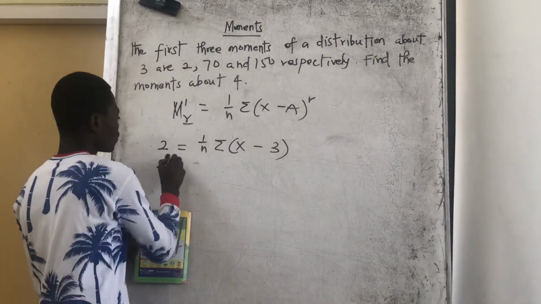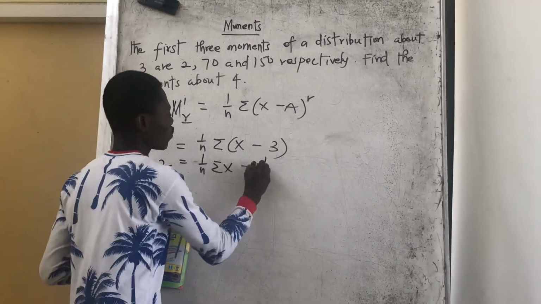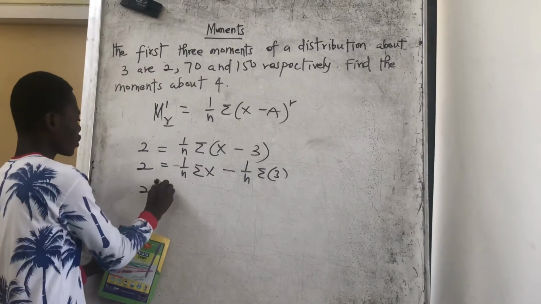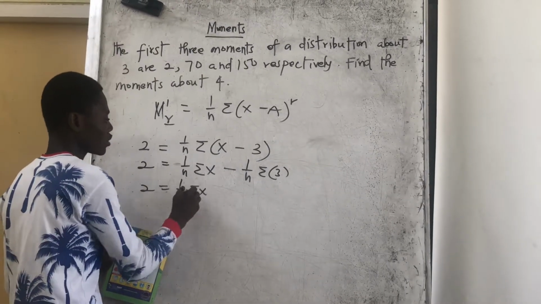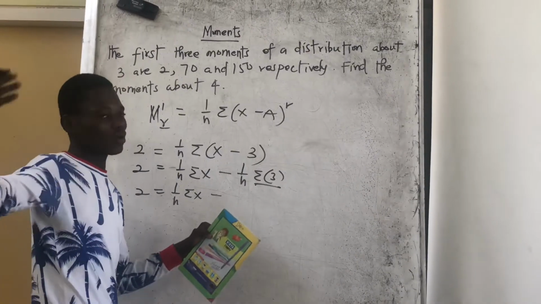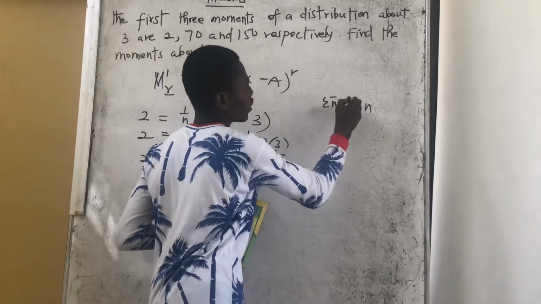So this becomes 2 is equal to 1 over n sigma x minus 1 over n sigma 3. The sigma 3 represents the number of 3's that we have, the 3n. So the sigma 3 can be written as 3n.